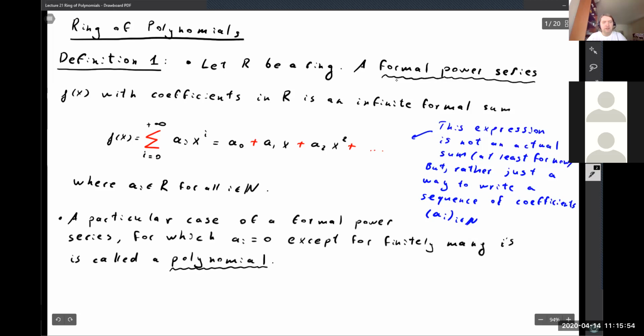So the polynomial is just a formal power series for which these a_i's are 0, starting from a large enough number.